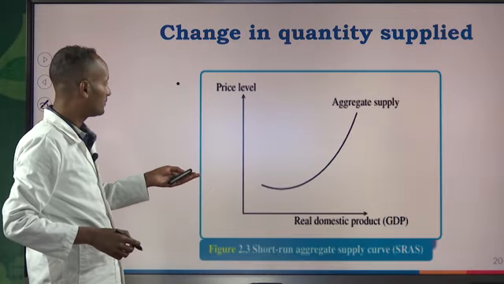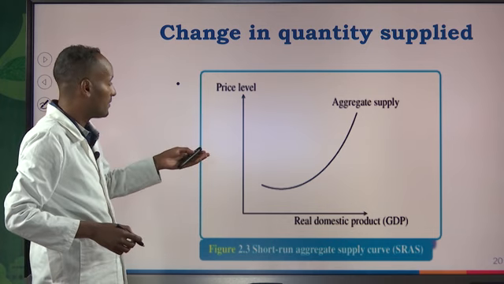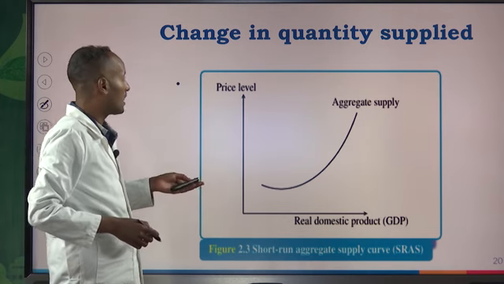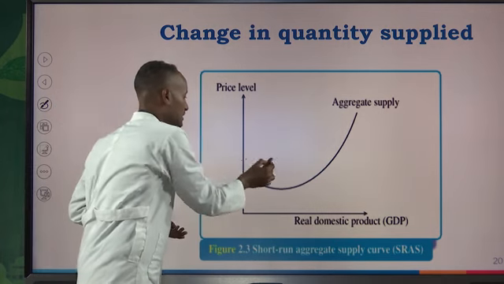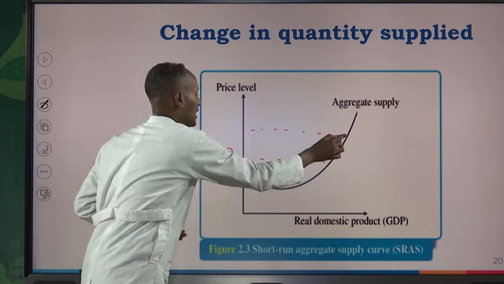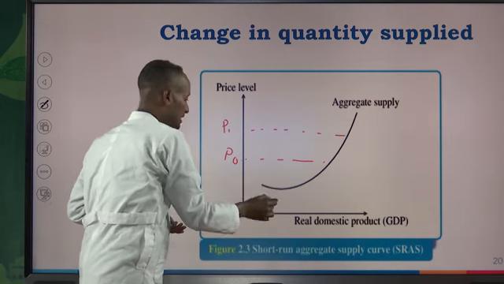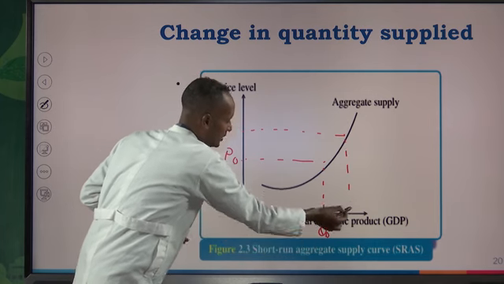Here is the graph. The graph shows that with the change in the price level, there is a movement along a fixed aggregate supply curve. Let's take this as P0 and this one as P1, and let's take this as Q0 and this one as Q1.